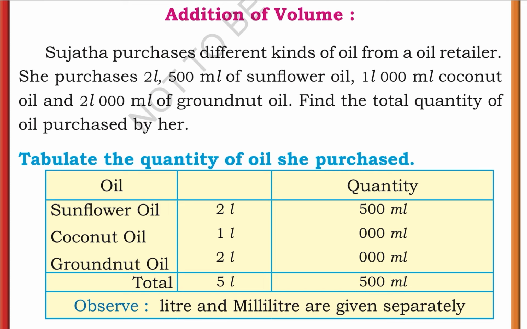Liter to milliliter is from bigger unit to smaller unit, and milliliter to liter is converting from smaller unit to bigger unit. Whenever we convert from higher unit to lower unit, we multiply, and whenever we convert from lower unit to higher unit, we divide.